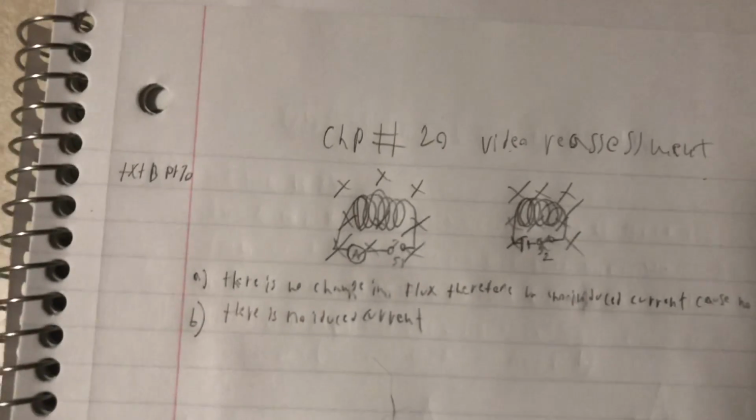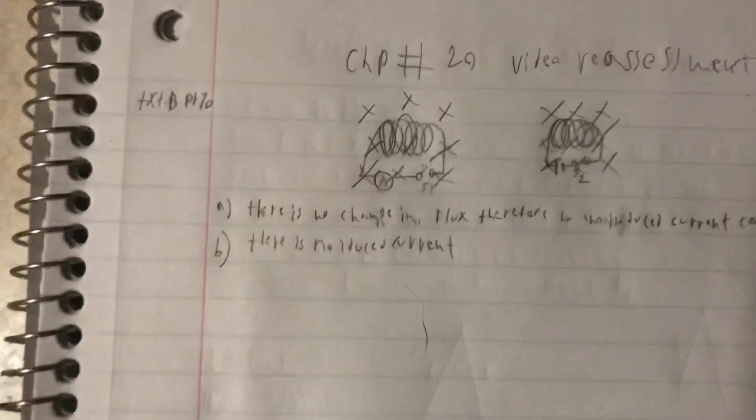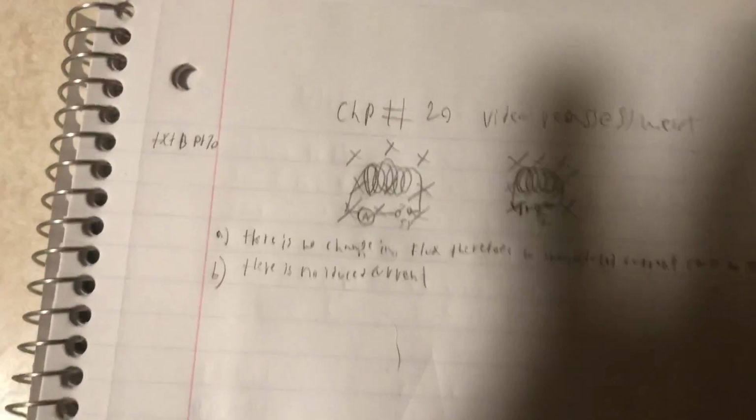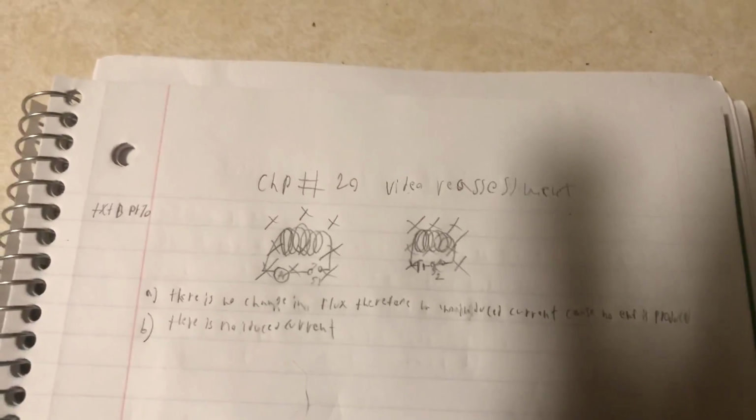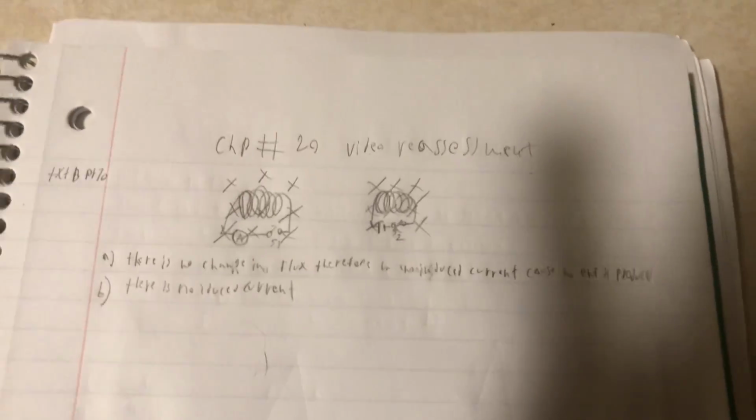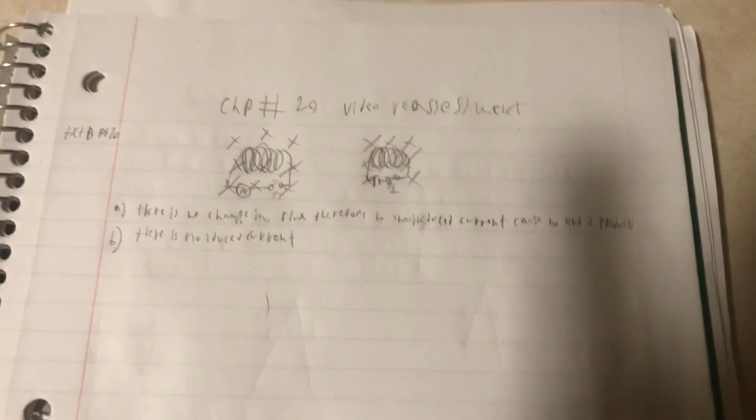But if I were to take that coil and turn it like this, so that not as much of the coil is hitting the magnetic field, there would be a lot less change in flux, because there's less of that magnetic field hitting that coil. So that would actually change the direction of the induced current.